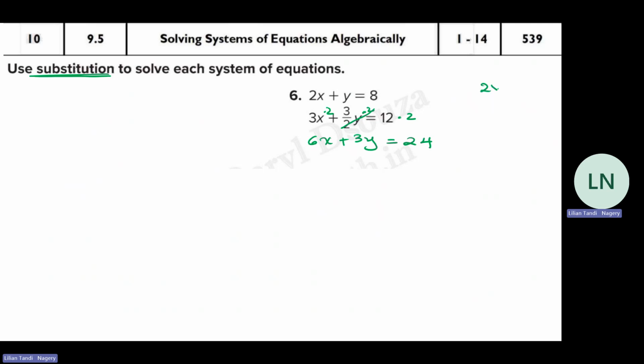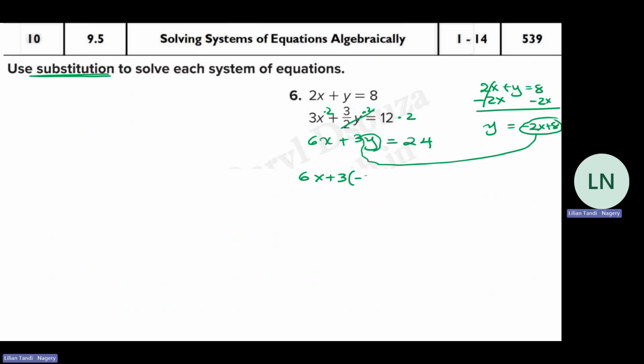So 2x plus y equals 8, minus 2x, minus 2x. This goes away. y equals negative 2x plus 8. Take this and replace it here. So you have 6x plus 3 parenthesis negative 2x plus 8 equals 24.